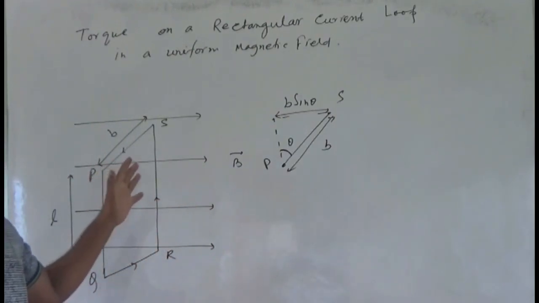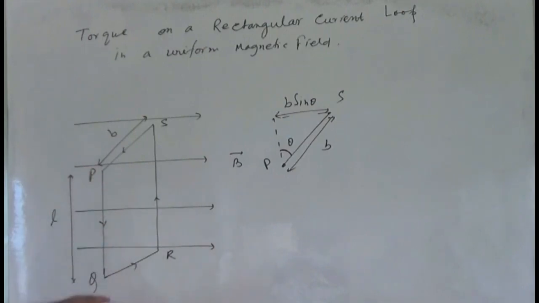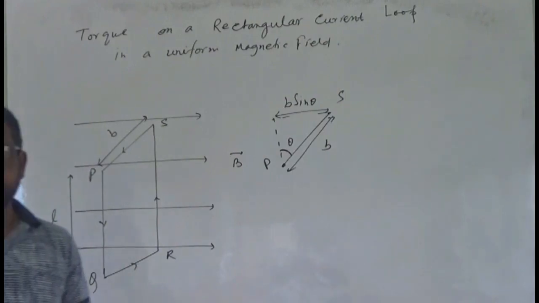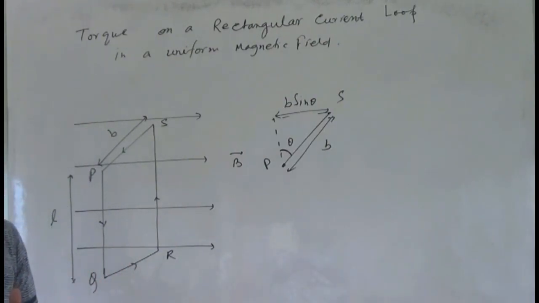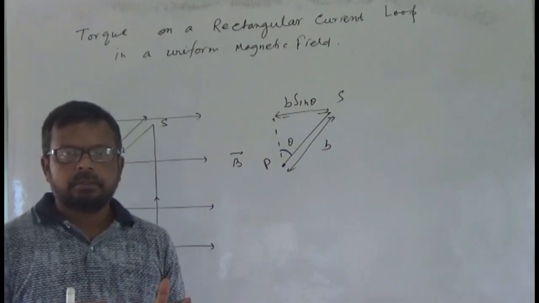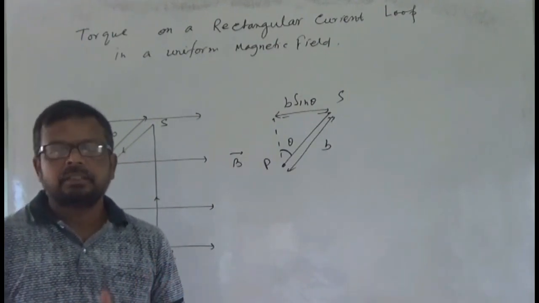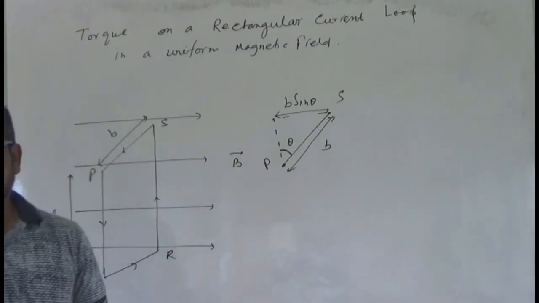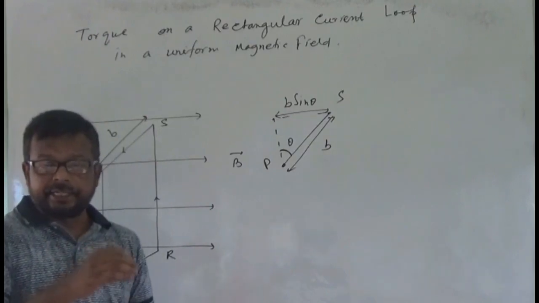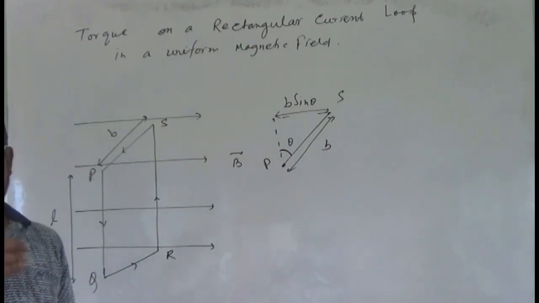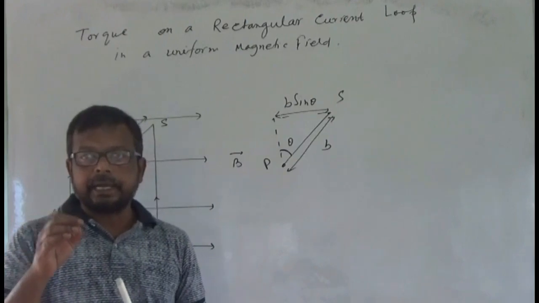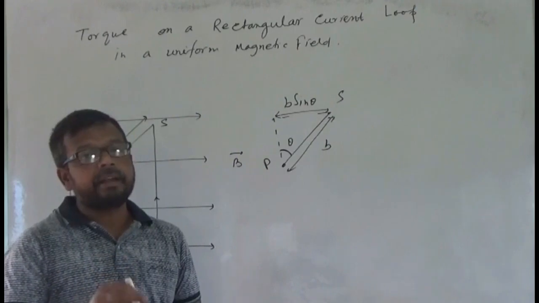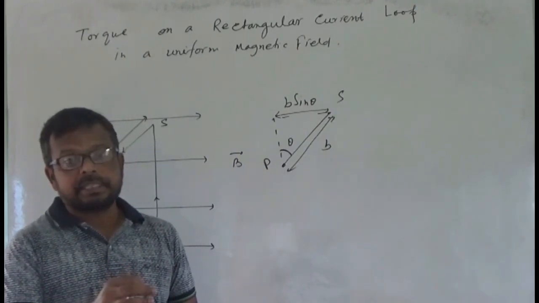Let us consider a rectangular loop PQRS of length L and breadth b placed in a uniform magnetic field of strength B, and theta is the angle between the normal to the plane of the loop and the magnetic field B. Right? Now we have already deduced an expression for the force on a conductor of length L carrying current I in a magnetic field B. What was that?